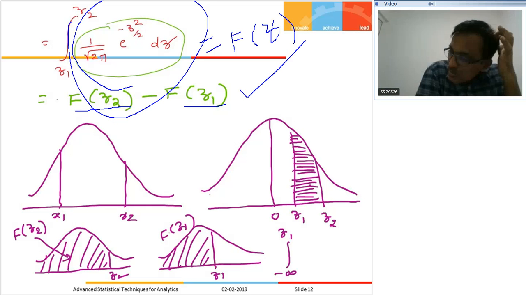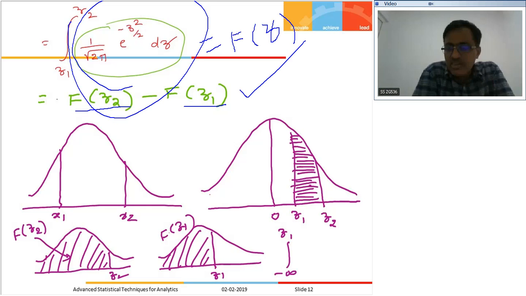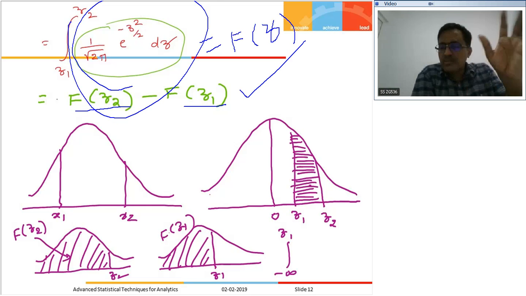So don't be scared of the math kind of derivative. Simply, take here the integral x1 to x2 f of x dx, which is the one we have to evaluate, which we cannot do. Then somebody will help us with some f of z. What is z here? z is x minus mu by sigma.